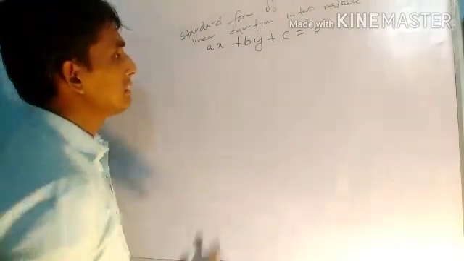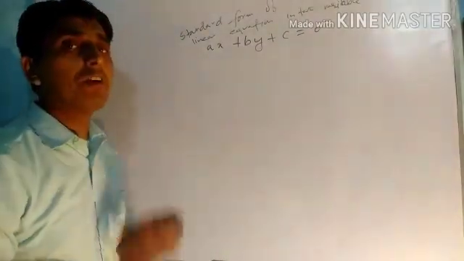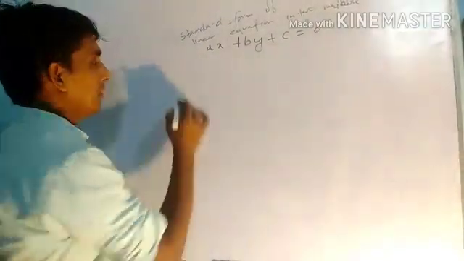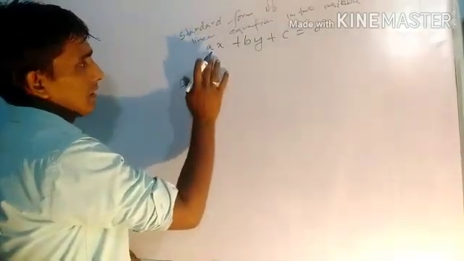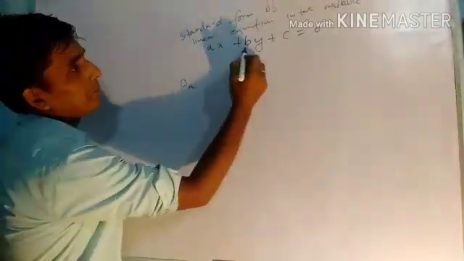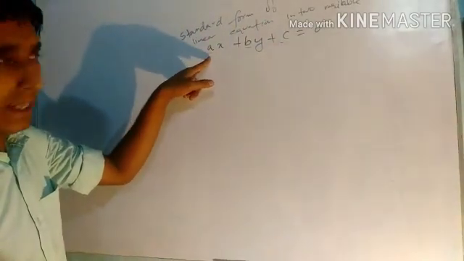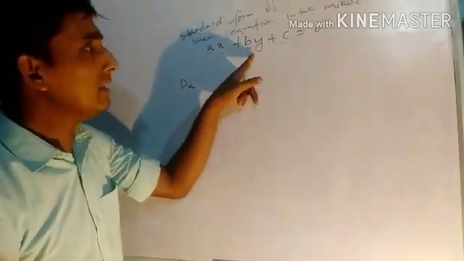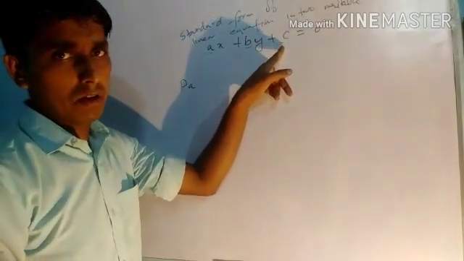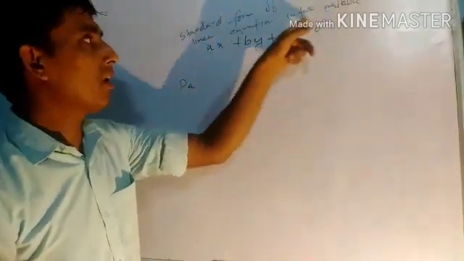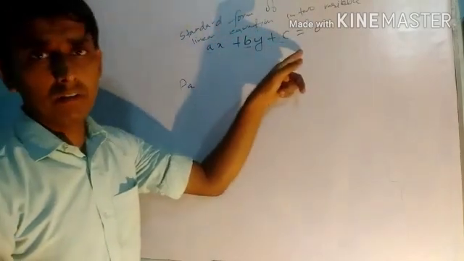If we have to write a pair of linear equations in two variables, we will use here a, b and c. What are these? a is the coefficient of x, b is the coefficient of y, and c is the constant term. So this is the standard form of a linear equation.